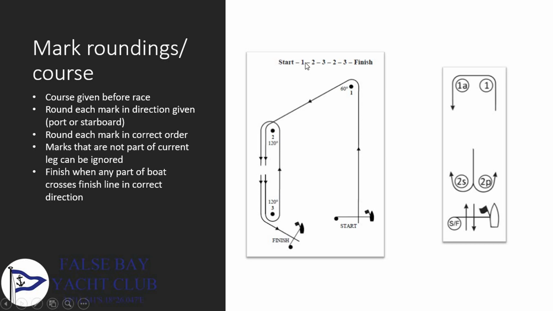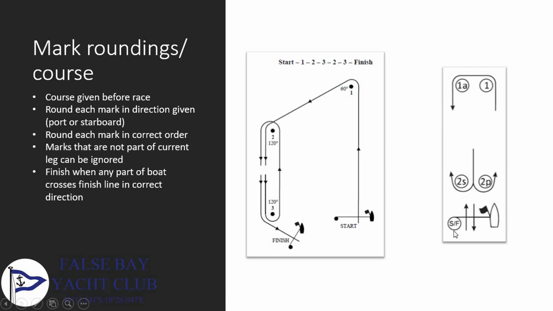Over here there should be a little P to indicate that you're rounding to port. You then round mark 2, also to port, mark 3 to port. You can see that here and here as well, mark 2 and 3. Mark 2 again, mark 3 again, and then you finish. In this situation, the start line and finish line are different.